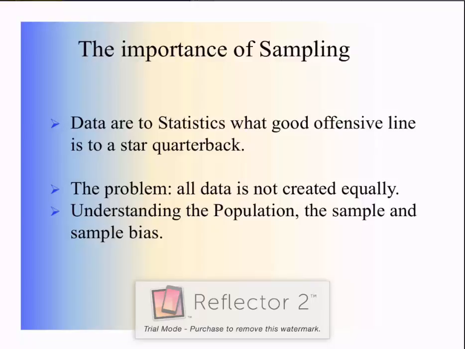Your sample is the subset of the population, and your sample should, of course, be representing your population. When we don't have a representative sample, we encounter something called statistical bias, which is a systematic under- or overestimating of our population parameter.